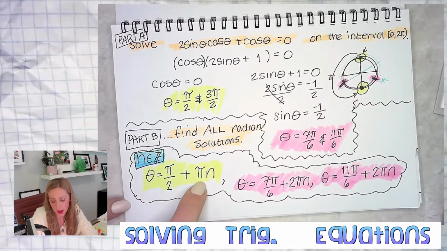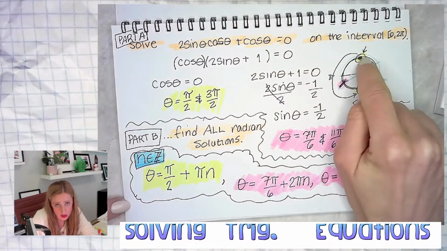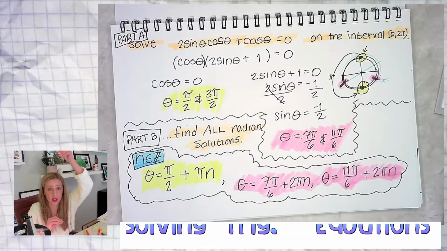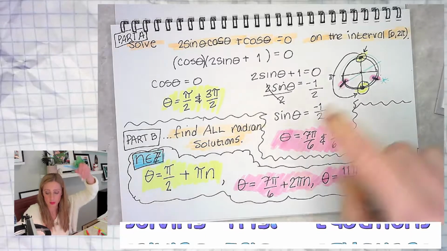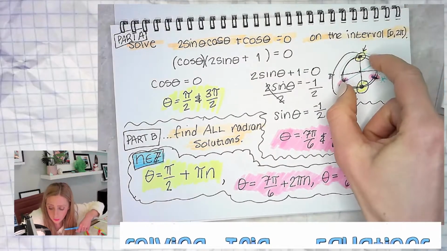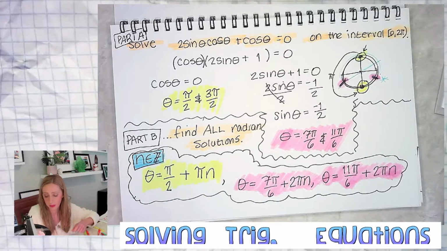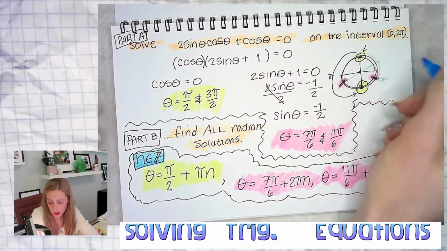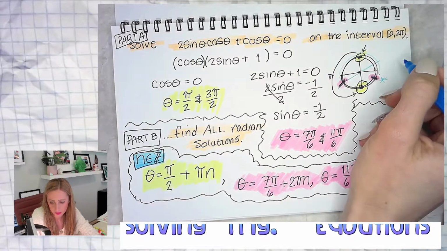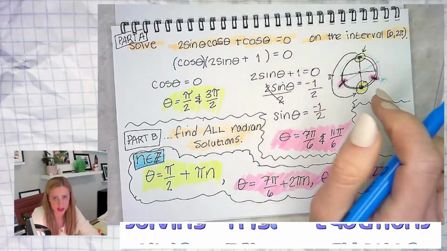You could only put pi n if the answers are across the circle from each other. So like here, here, or perfectly across. Perfectly across. And say it again. We put pi when they are in the same distance away from each other, yes.